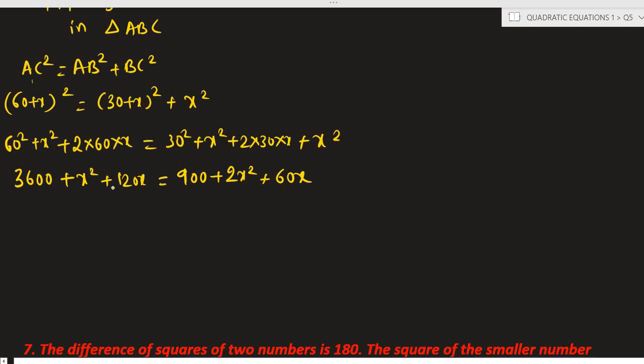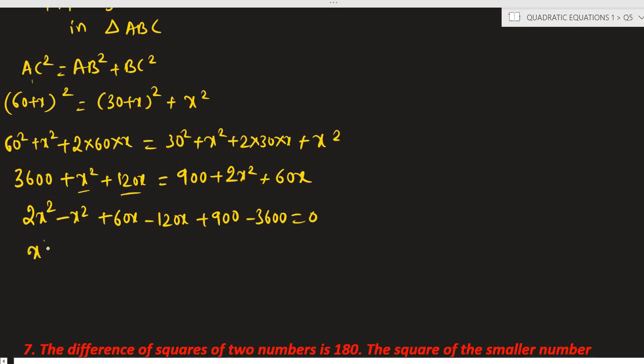I am taking everything to the right hand side. 2x square, minus x square is over, plus 60x, and this is 120x, that is minus 120x plus 900 minus 3600 is equal to 0.